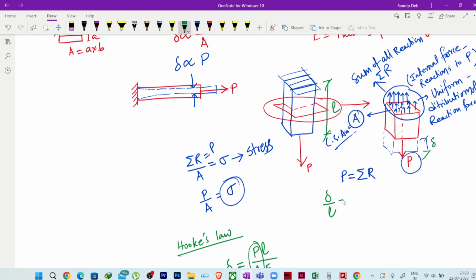This ratio we define with another symbol, which is epsilon, and this particular thing we call strain. Due to the applied load, due to the applied force, whatever change in length happened over the total length. So change in length by total length, this ratio we define as epsilon, and we call it strain.